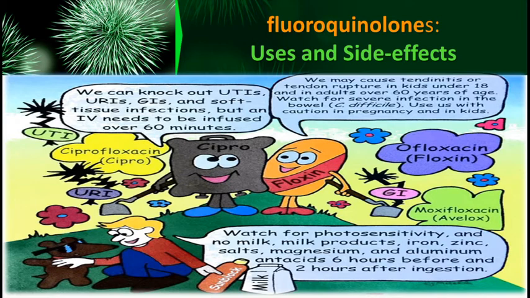It means to say, it is one of the interactions of your fluoroquinolones with these several classes of drugs and products or substances. Actually, if you're taking an aluminum antacid, the timing must be 6 hours before and 2 hours after ingestion.